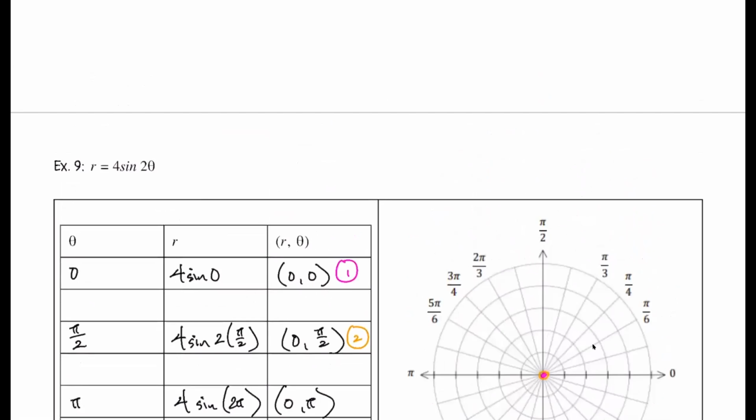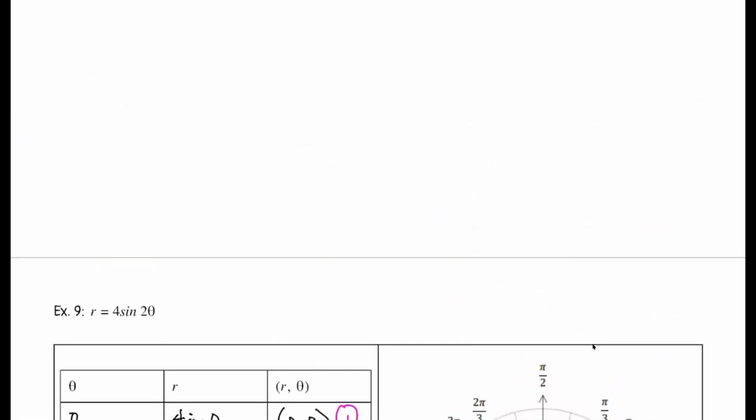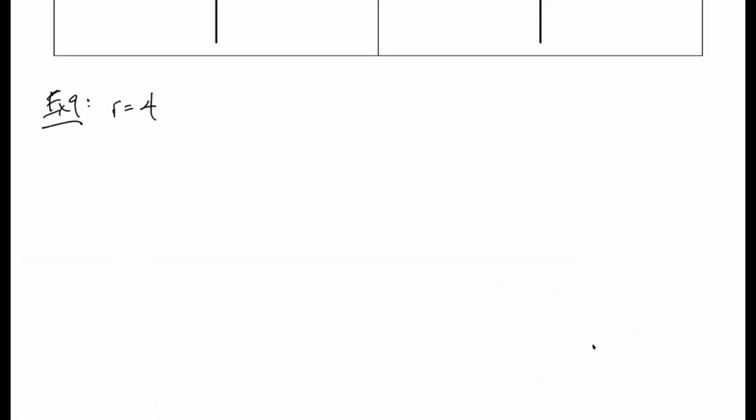Okay, so I'm going to see, maybe I have enough room to do it up here. Let's do it up here. So this will be example 9. So example 9, the one we were just looking at, we have r equals 4 sine of 2 theta.